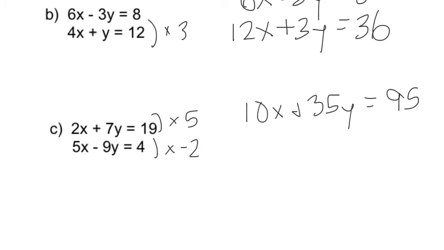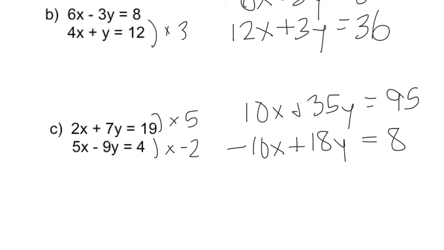Okay? And if I multiply the second equation through by negative 2, I get negative 10x plus 18y equals 8. Okay, so even though it looked like I was doing extra work, multiplying by two different numbers, you can see that I've chosen wisely because, again, I have the same number in front of the x's. Positive 10, negative 10.